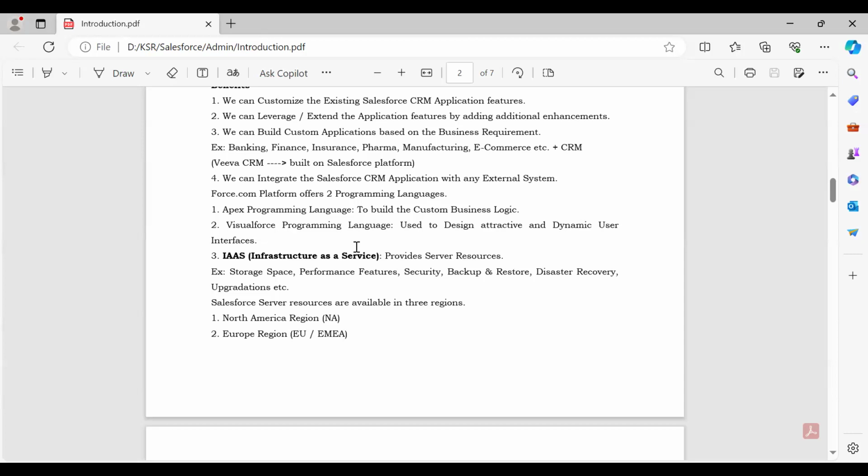Because Salesforce is a cloud-based CRM application, you no need to maintain any server resources in your local. Whatever data is stored in your application will be maintained at the cloud servers. So this infrastructure as a service is a cloud computing model which provides the required resources in order to store and manage your business or application specific data.